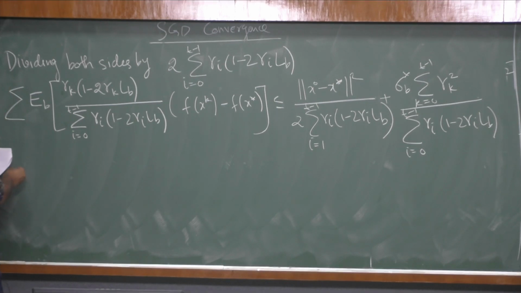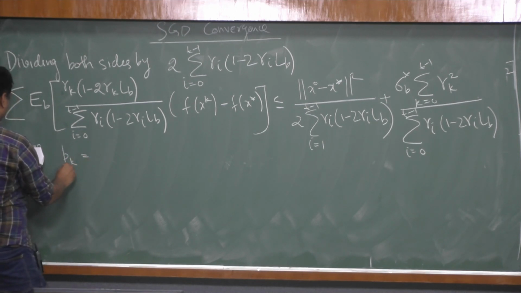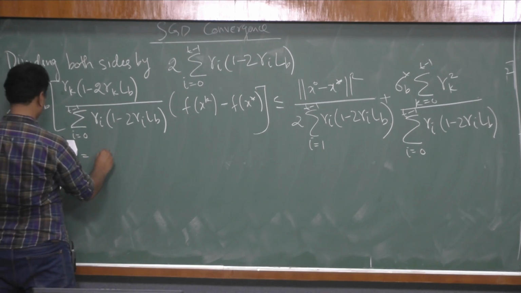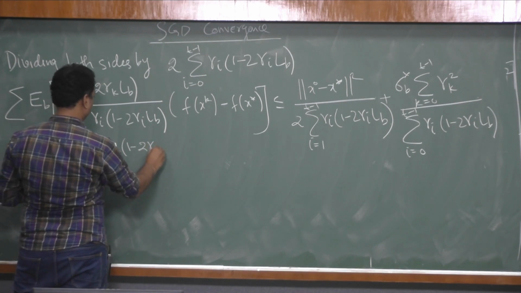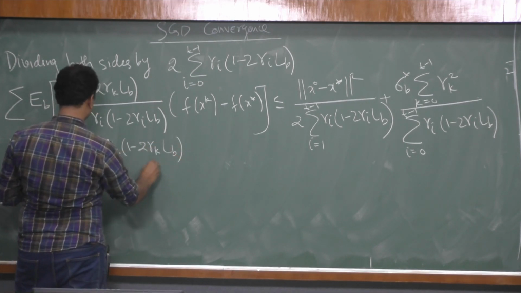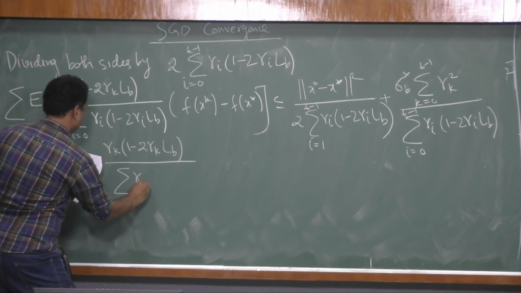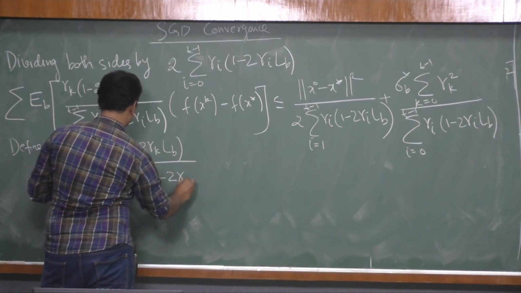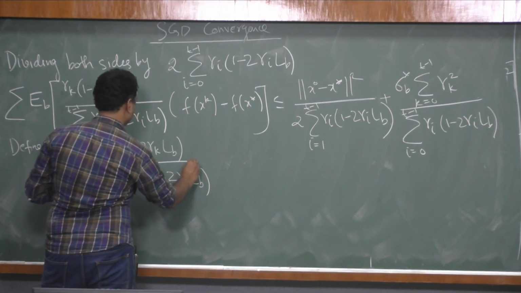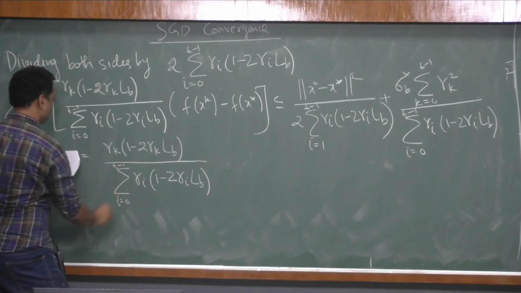So define p_tk to be gamma_k (1 minus 2 gamma_k L_B) divided by sum gamma_i (1 minus 2 gamma_i L_B), i equals 0 to t minus 1.